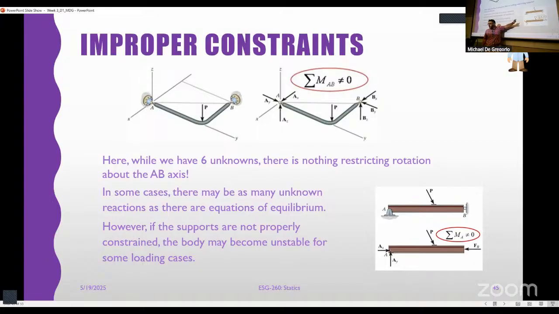Because the fixed point produces a counter moment that allows us to keep it stable, okay? Again, number of unknowns is equal to the number of equations here, right? But we can't really do anything about it because the constraint's improper.